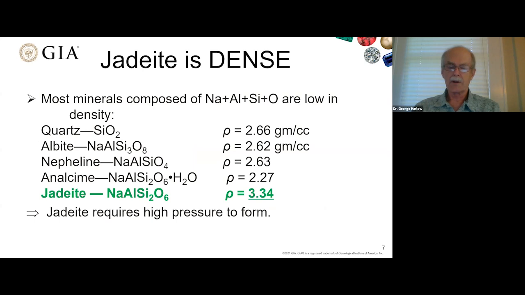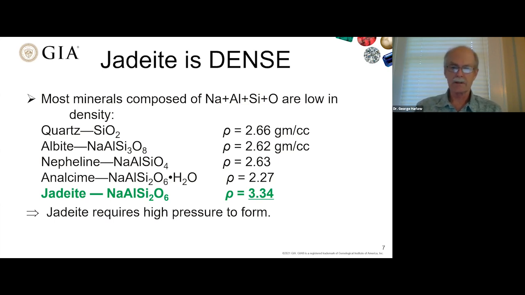One of the critical things in terms of understanding where jadeite forms is its density. Jadeite is a dense mineral. If we compare minerals that are made of the same elements, sodium, aluminum, silicon, and oxygen, most have a low density.